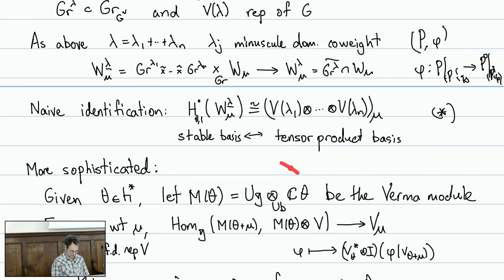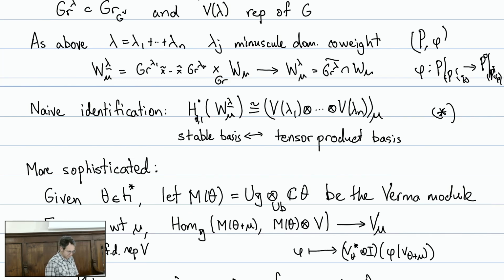In a formula, it's this. You take a one-dimensional vector space with an action of the universal enveloping algebra of the Borel subalgebra, and then you tensor it up to give a representation of UG.